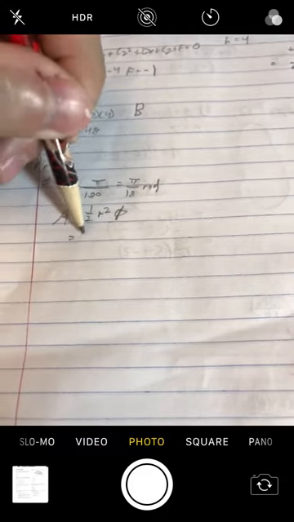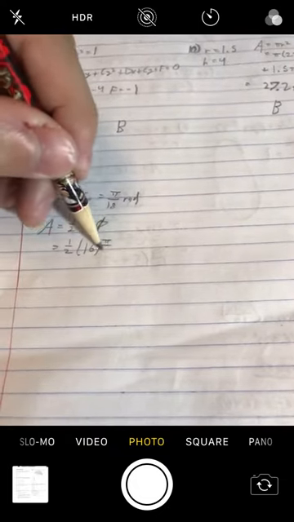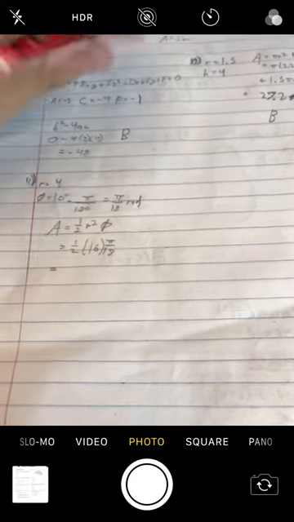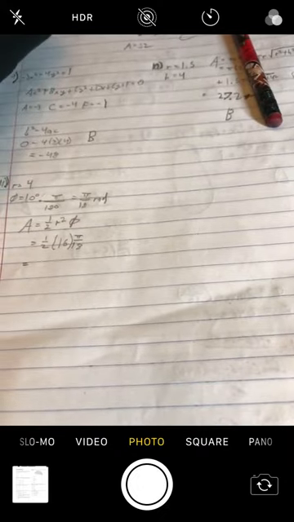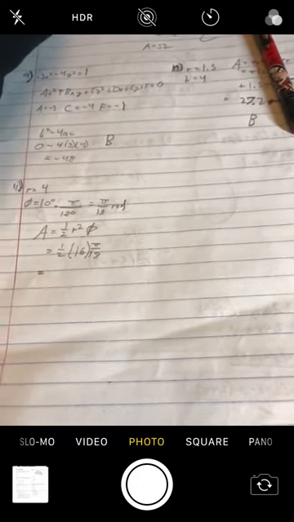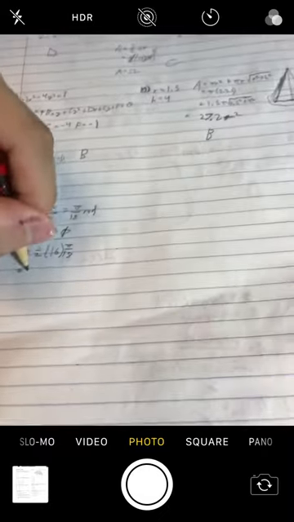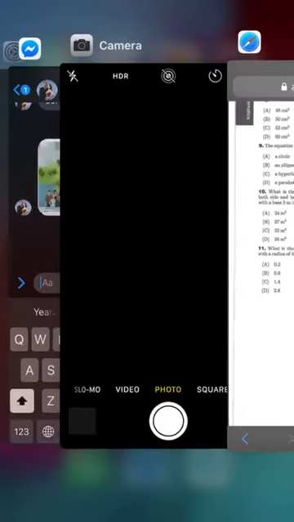So it's just going to be half times 4 squared, 16, times pi over 18. Calculate that, and you're going to get 1.4. That sector area is answer C.